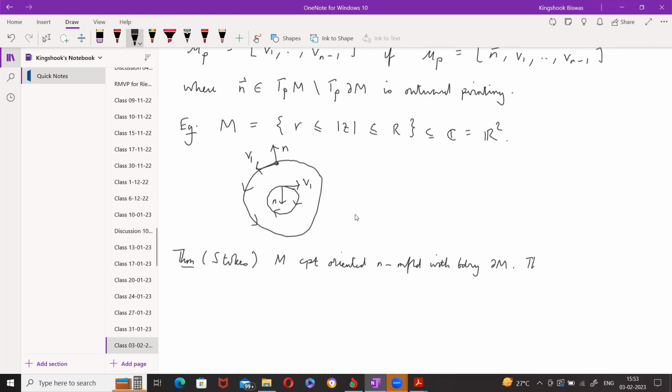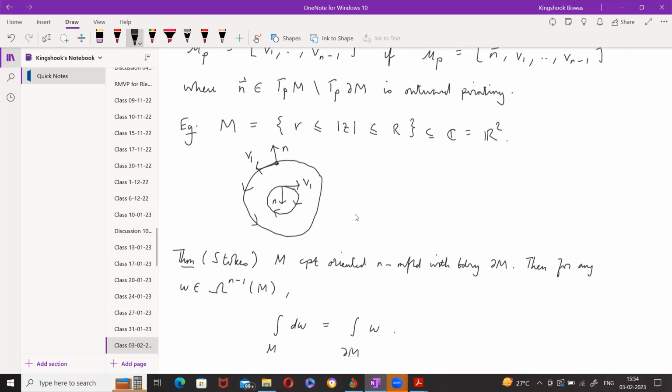Then for any N-1 form omega, the integral of d omega, which is an N form that I can integrate over M, is equal to the integral over boundary M of omega.